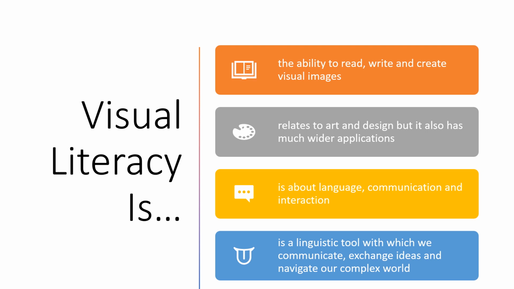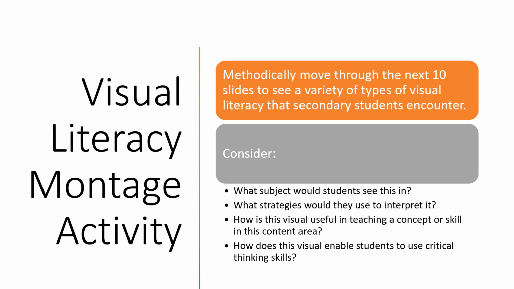It relates to art and design, but it also has a much wider application than simply art and design. It's about language, communication, and interaction, and it is a linguistic tool with which we communicate, exchange ideas, and navigate our complex world.